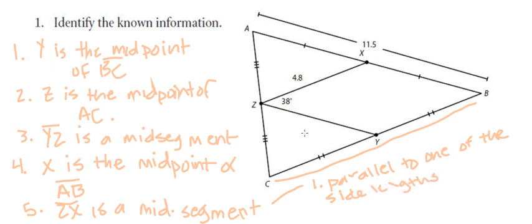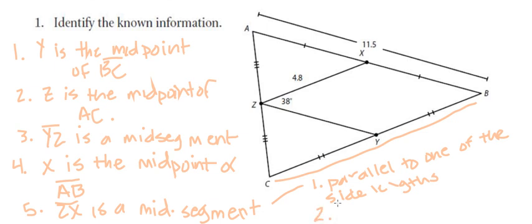Because I already know that these are midpoints, I already know this is a mid-segment. But what that means is that this line segment XZ or ZX is parallel to CB. And what it also means is that this mid-segment ZY is parallel to AB.